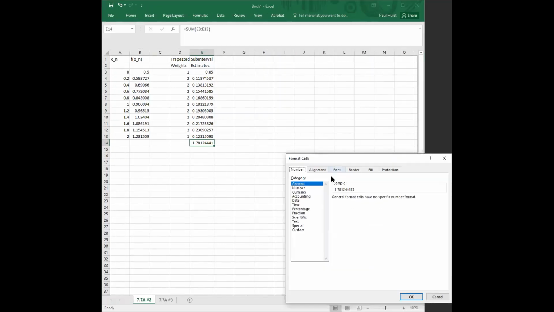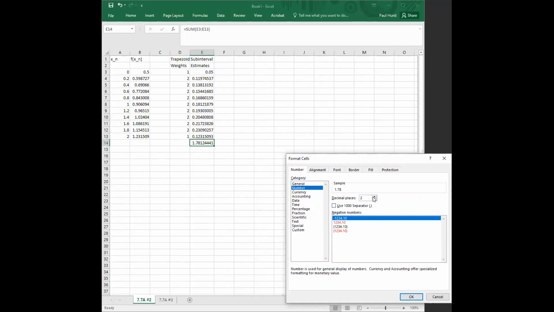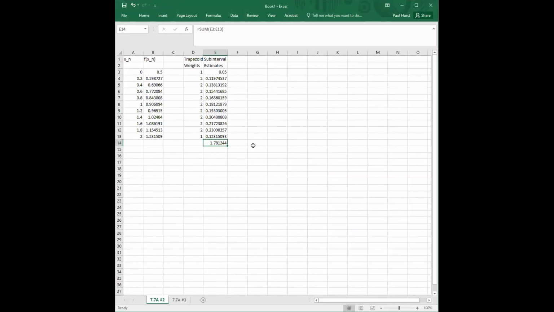Format cells maybe. And then you might have to go through here and make it a number and have it give you a whole bunch of decimal places. If you do 6 decimal places, then there we go. So that number there is the answer to the trapezoid rule. That's the first answer.